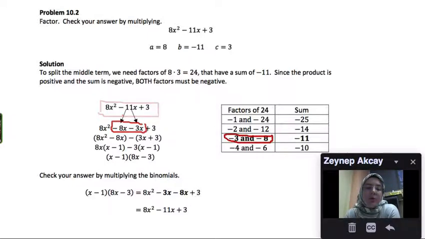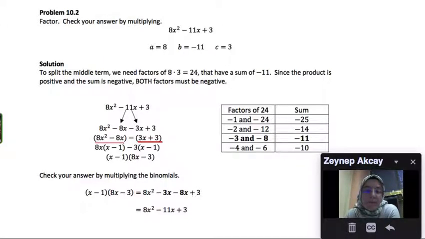And now we will use the grouping method to factor this polynomial. So group the first 2 and the last 2 terms in this polynomial. So we group the first 2 by taking them into a parenthesis, and we group the last 2. But be careful here. In fact, there is a typo.